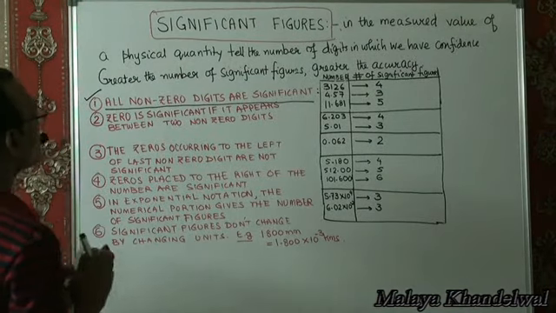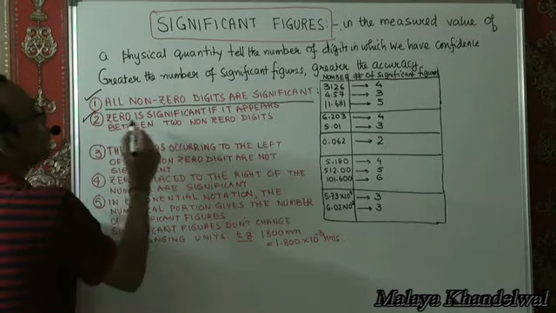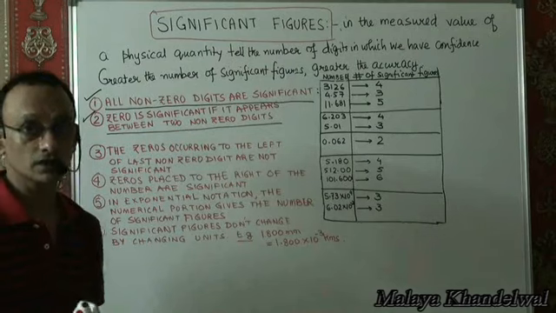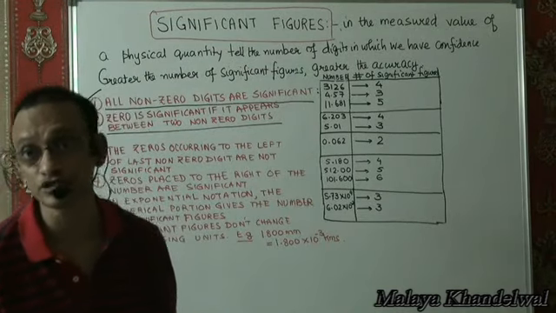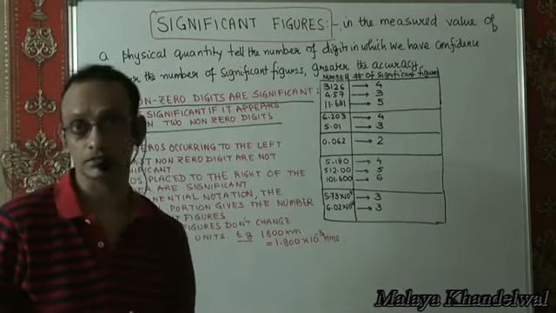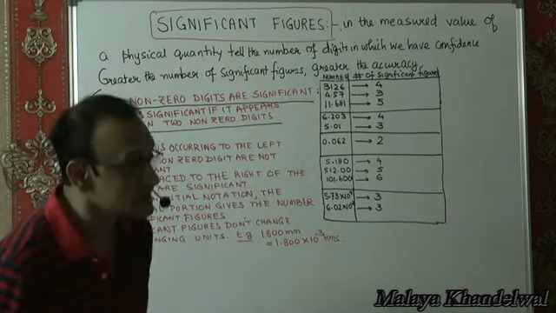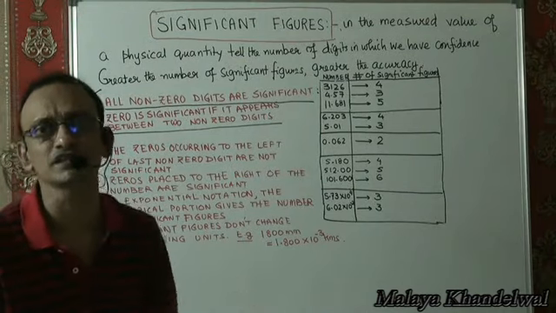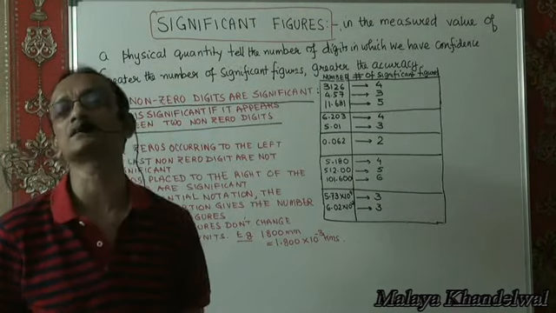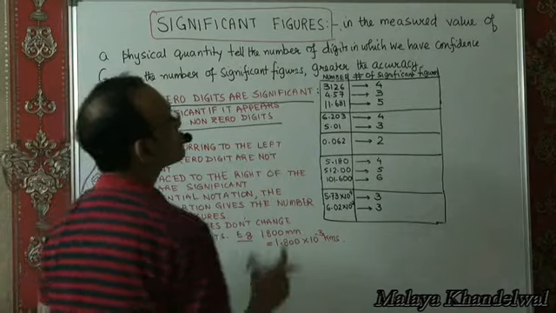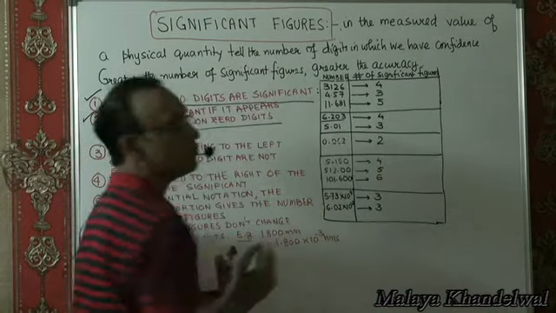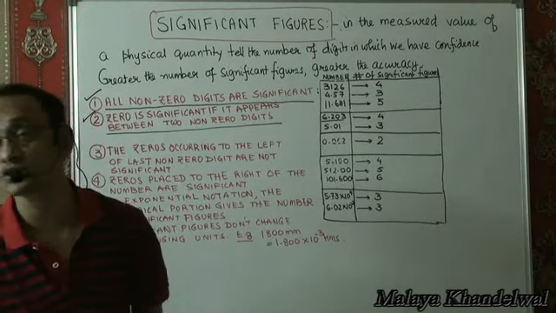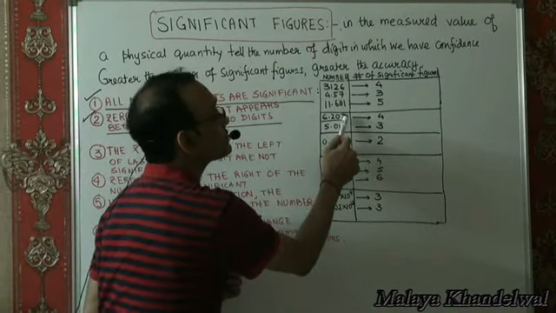Now, let's look at the second rule. 0 is significant if it appears between two non-zero digits. Even if there is a 0 featuring in the measurement, it will count if it is flanked on either side by non-zero digits. So 6.203 has a 0, but on either side of the 0 there are non-zero digits, 2 on the left and 3 on the right.